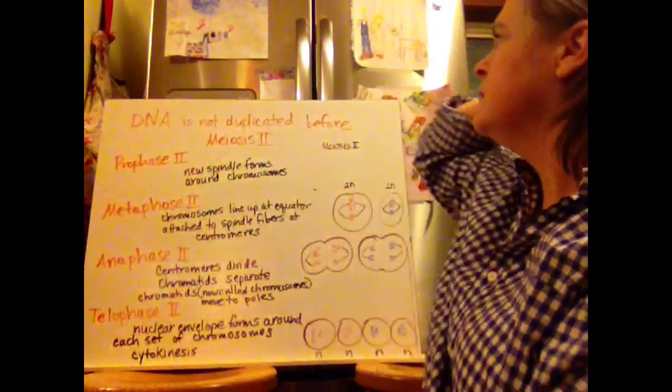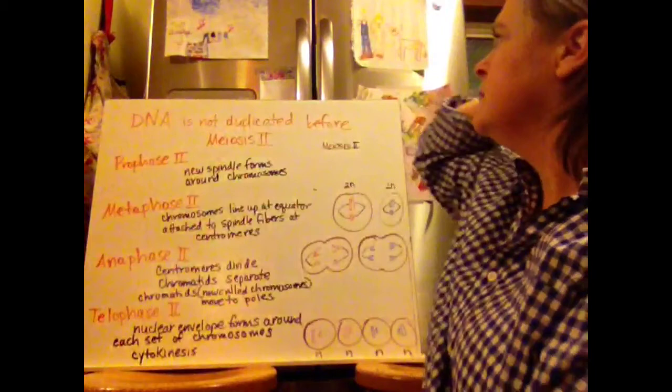The second significance of meiosis is the randomness of the process of chromosome separation. So we have 23 pairs of chromosomes. So you have 2 to the 23rd possibilities for chromosomes.